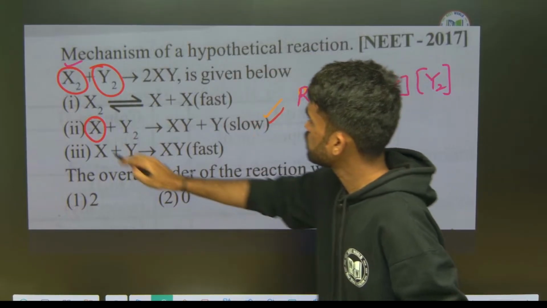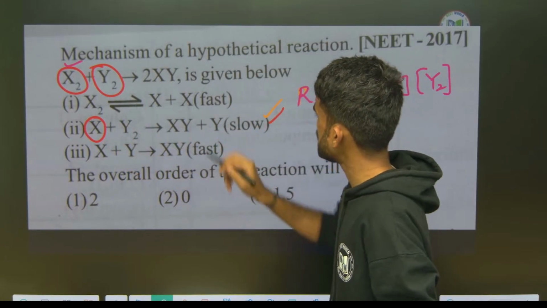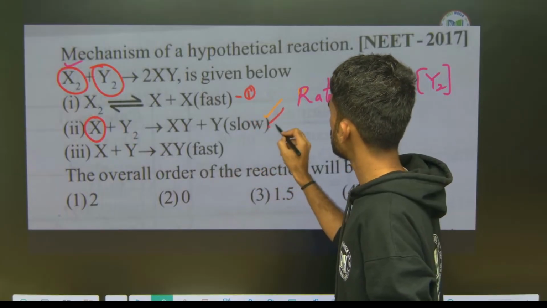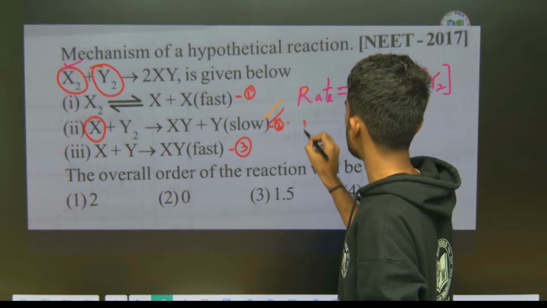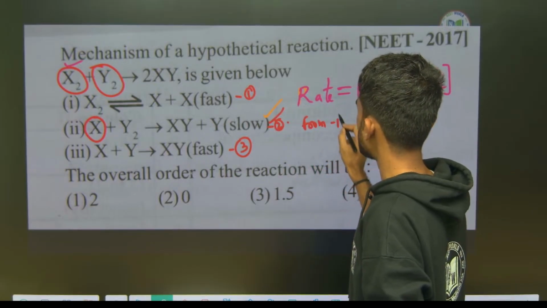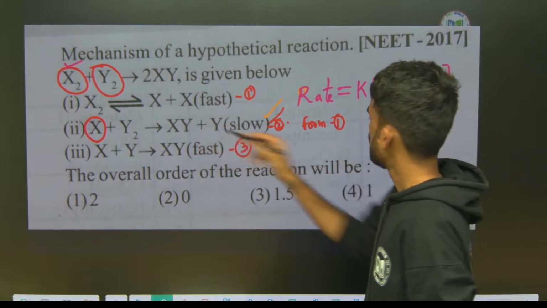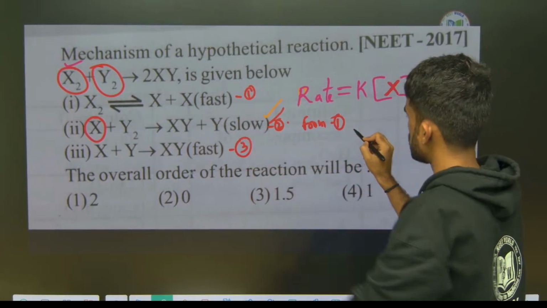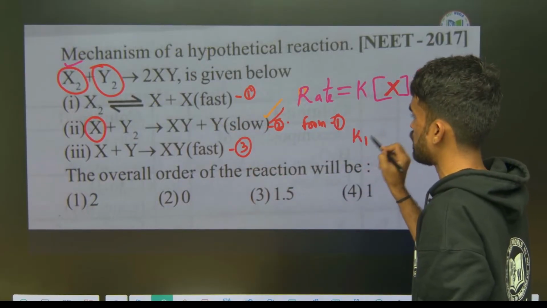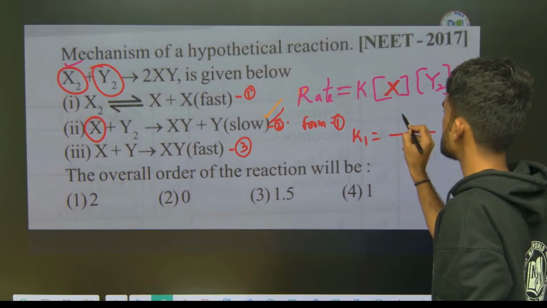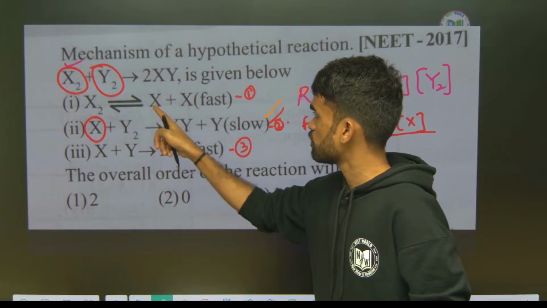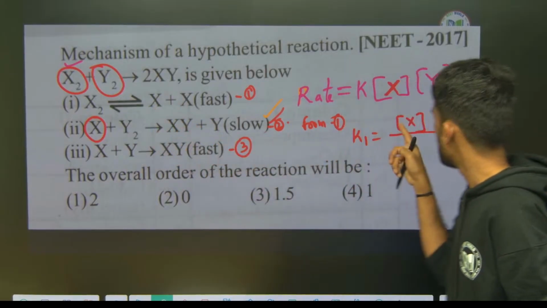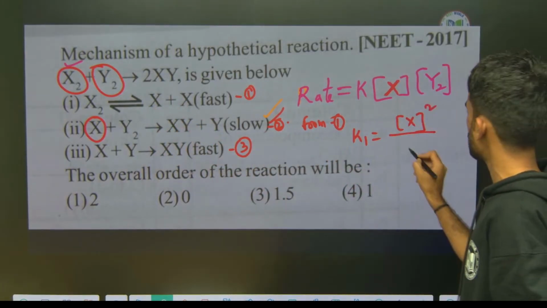So how can I make it? See, in order to remove this, look at this first equation. So this is 1, 2 and 3 I am saying. So by looking at the first equation, what can I write? For the first reaction, let us say K1 is the equilibrium constant. K1 is equal to concentration of product, X and X, it will become X square, divided by X2.